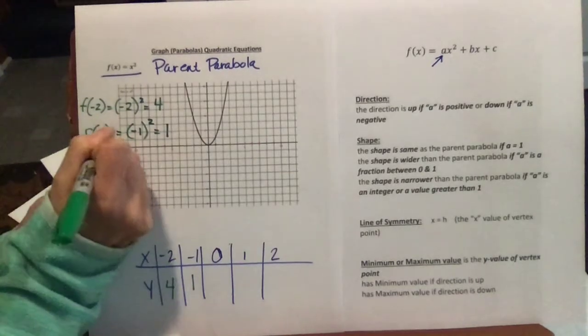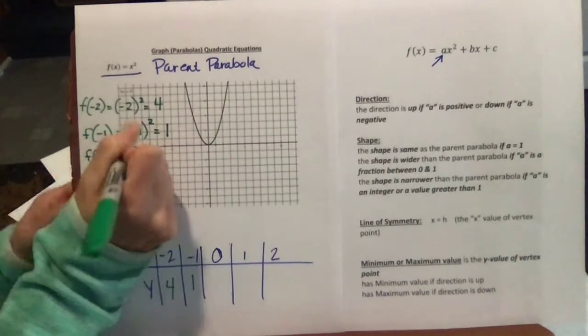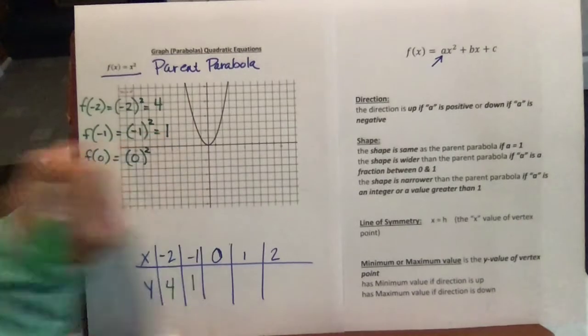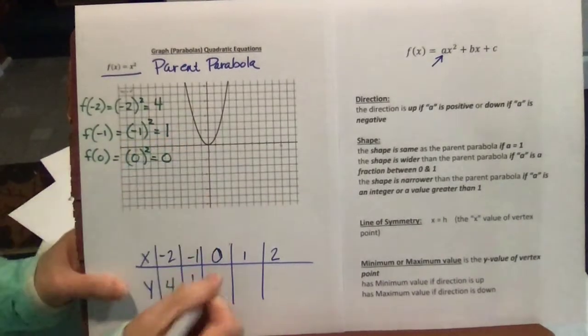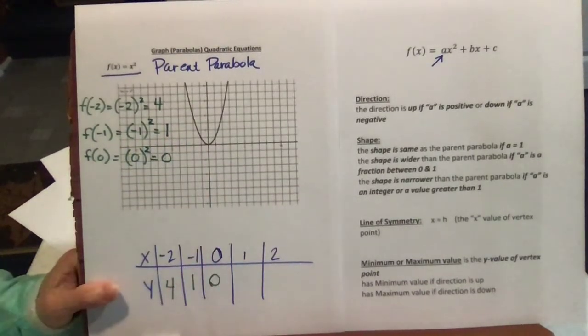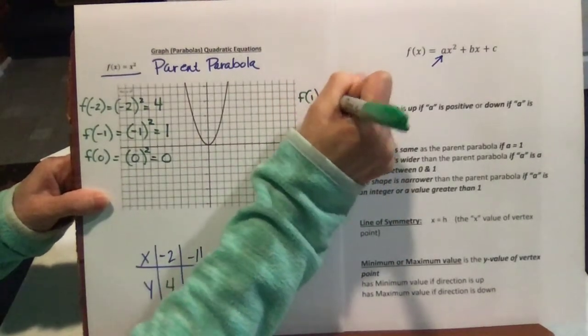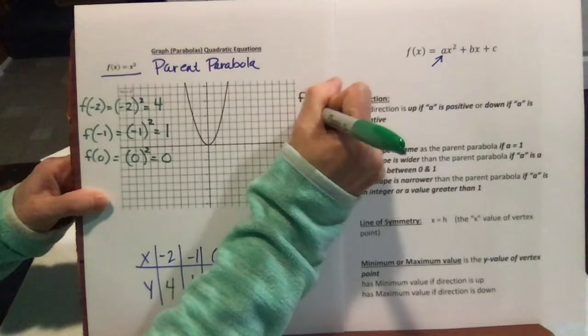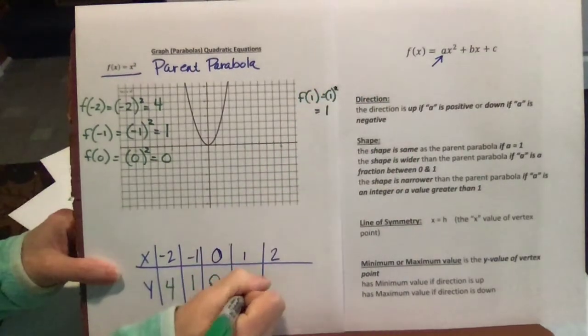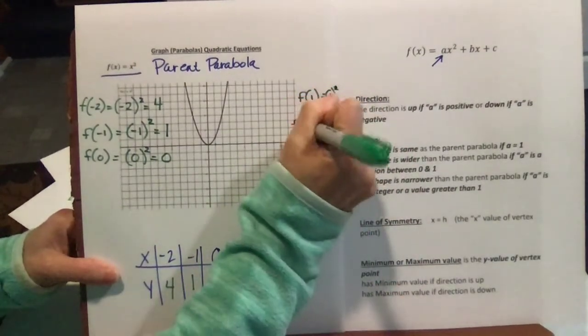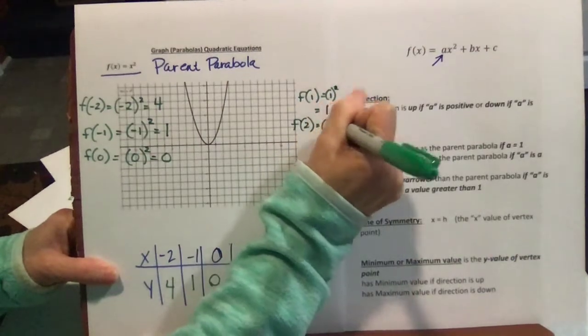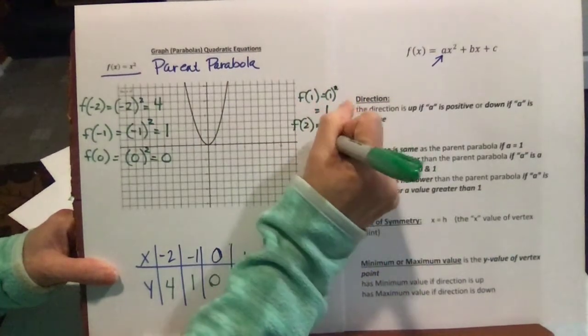We'll plug in 0 for x, which says 0 squared, which is going to give us 0. So we'll fill in the table. If we were to plug in f of 1, it means 1 squared, which is going to give us 1. And if we plug in f of 2, we're going to get the quantity of 2 squared, which is going to give us 4.